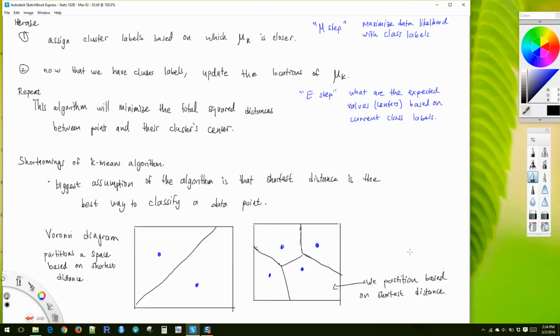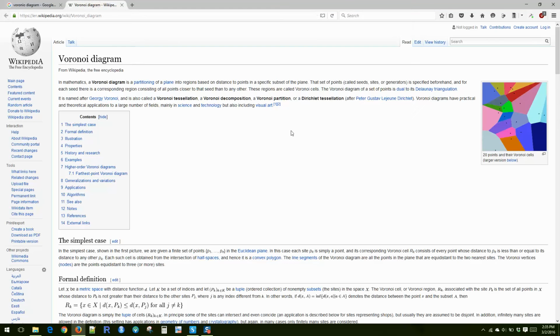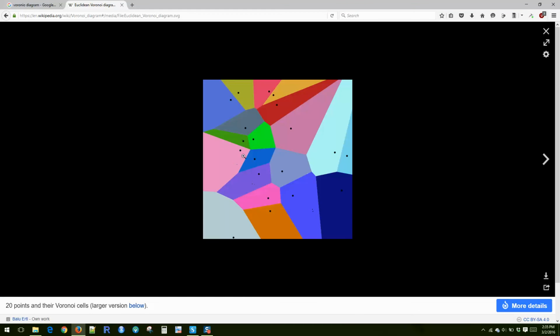I should just Google Voronoi diagram. This is going to give us better pictures. Okay. Oh, look at this, this is a fancy one. Look at that. Okay. Of course, from Wikipedia. So here there's 20 points, and based on this, these are the closest distances.